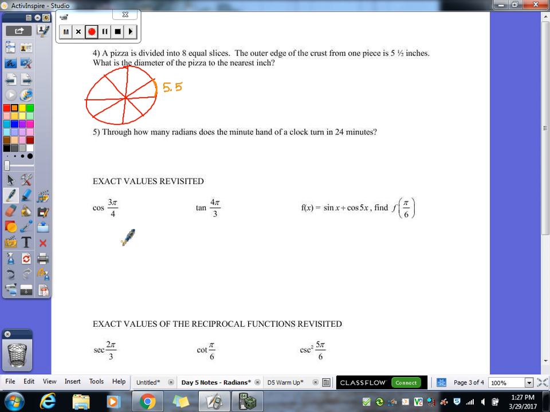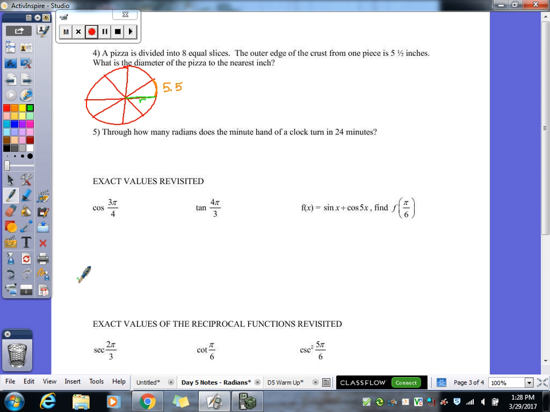Alright, so we are told the edge of the crust of the pizza is 5.5 inches. So my S, my arc length, is 5.5. We are trying to find what? The diameter. So we got to first figure out our radius. And then we just double it, and we would have our diameter. But what's the other thing we would need to know?